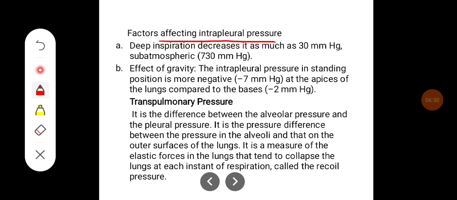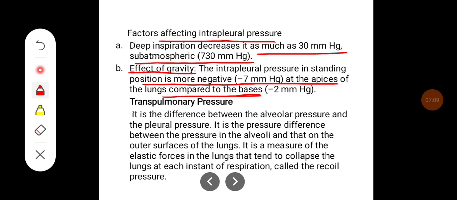The factors which are affecting intrapleural pressure: deep inspiration decreases it as much as 30 mm of Hg to subatmospheric pressure. Effect of gravity: the intrapleural pressure in standing position is more negative at the apices of the lungs compared to the base. At the apices it is minus 7 mm of Hg and at the base it is minus 2 mm of Hg.